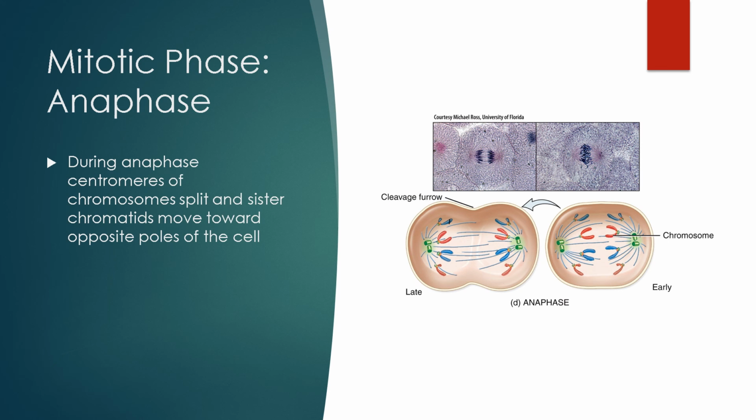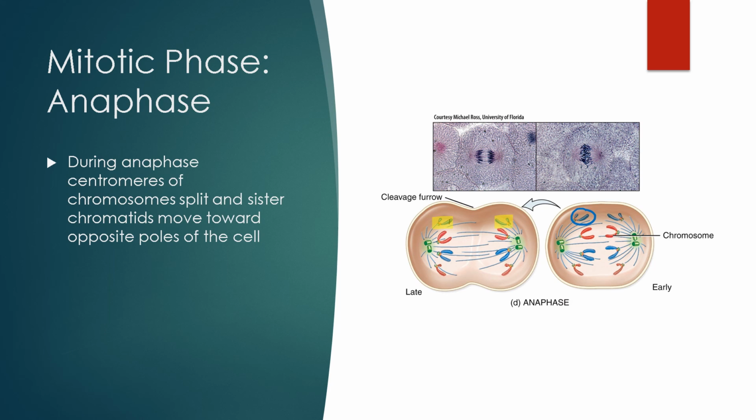Now during anaphase, the centromeres are going to split, separating the 2 members of each chromatid pair. So you see you have one chromatid here and one chromatid here. They're going to be pulled to opposite poles of the cell. Now once they are separated, the chromatids are each individually called chromosomes.